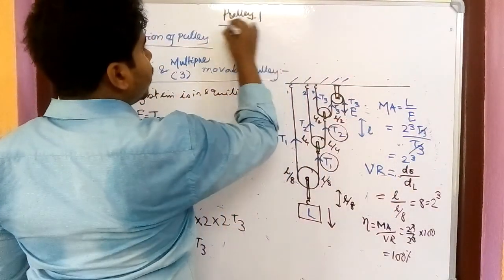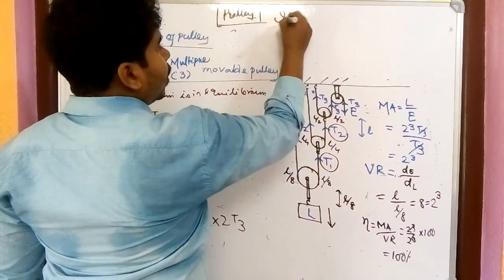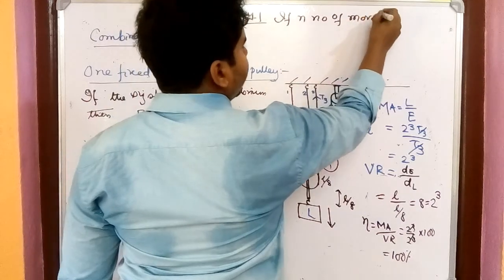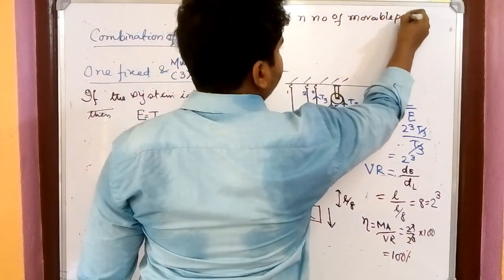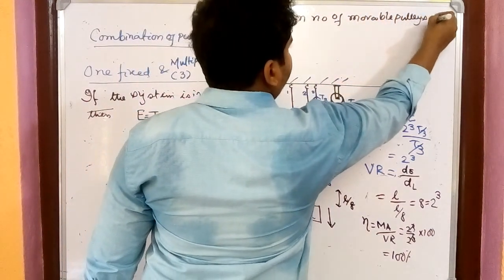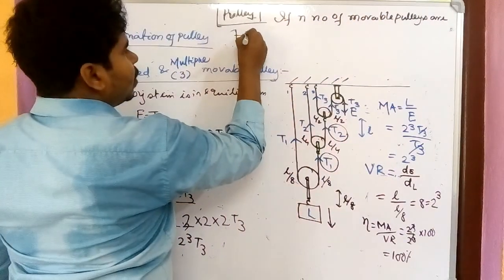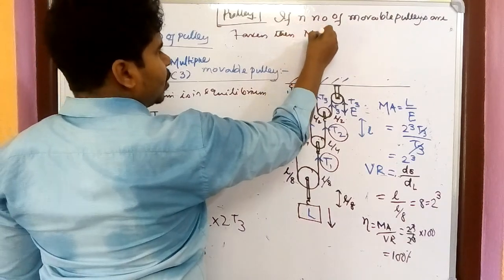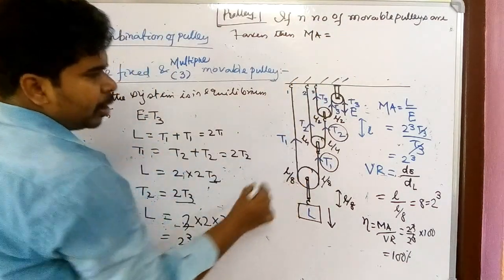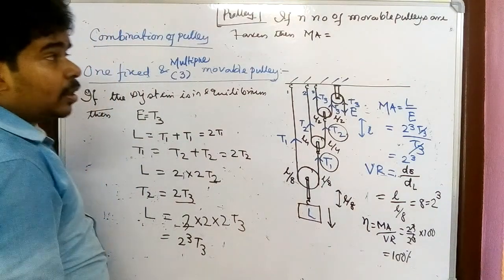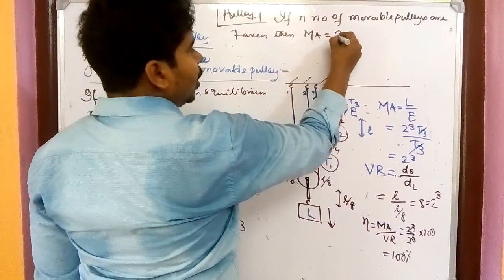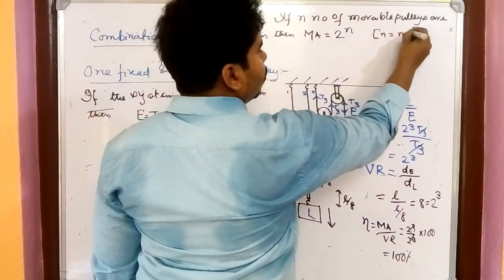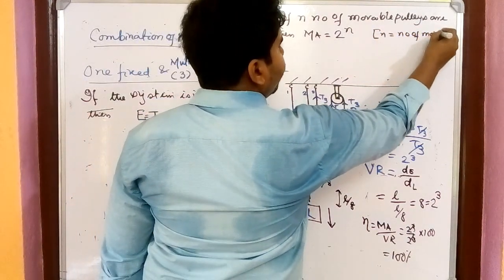If n number of movable pulleys are taken, then mechanical advantage equals, see, for 3 movable pulleys it is 2 to the power 3. For n number of movable pulleys it is 2 to the power n, where n equals number of movable pulleys.